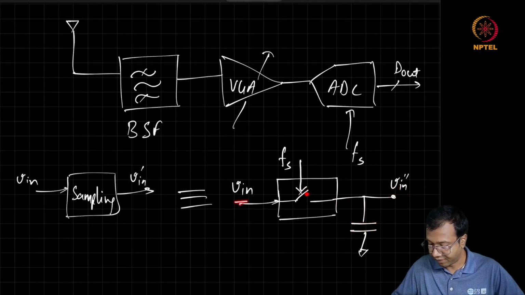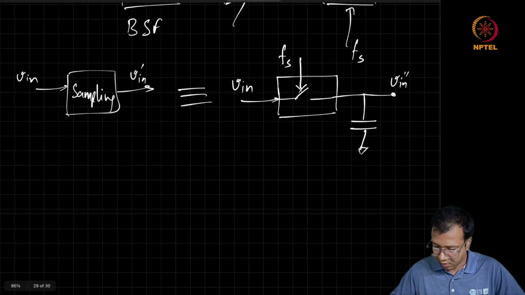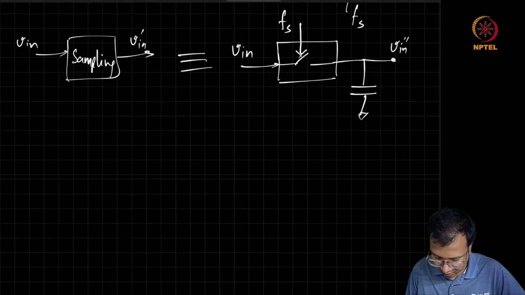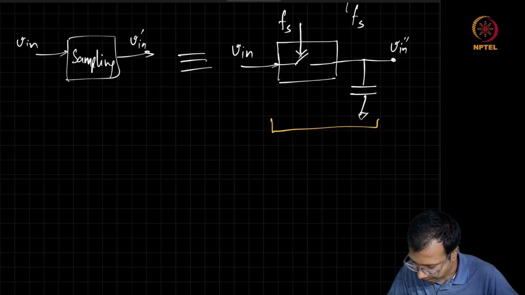So the input voltage is first sampled, and once it is sampled, that voltage is stored across the capacitor, and this stored value, V in double dash, is later quantized to convert into digital form. This is also called a sample and hold block.